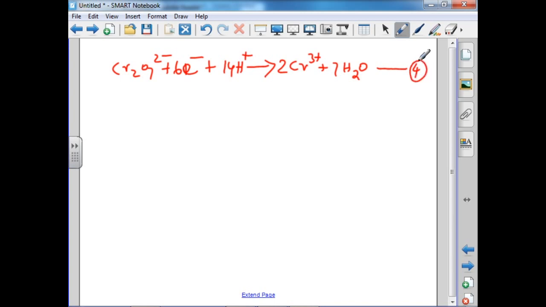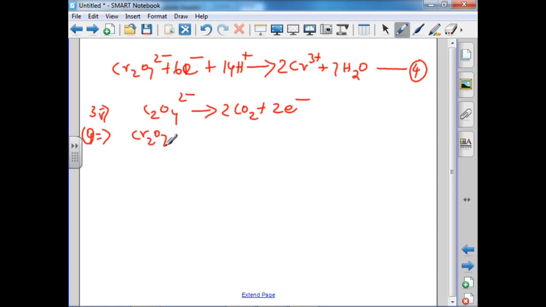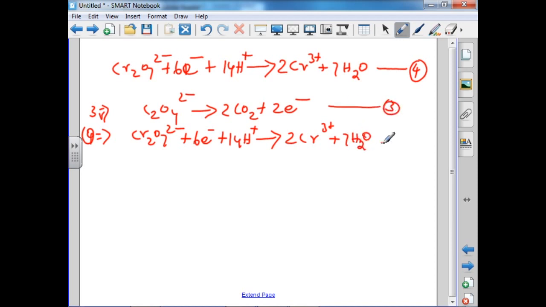From equation number 3, C2O4 2 minus gives 2 CO2 plus 2 electron. From equation number 4, Cr2O7 2 minus plus 6 electron plus 14 H plus gives 2 Cr3 plus plus 7 H2O. So now we are going to balance the charge.